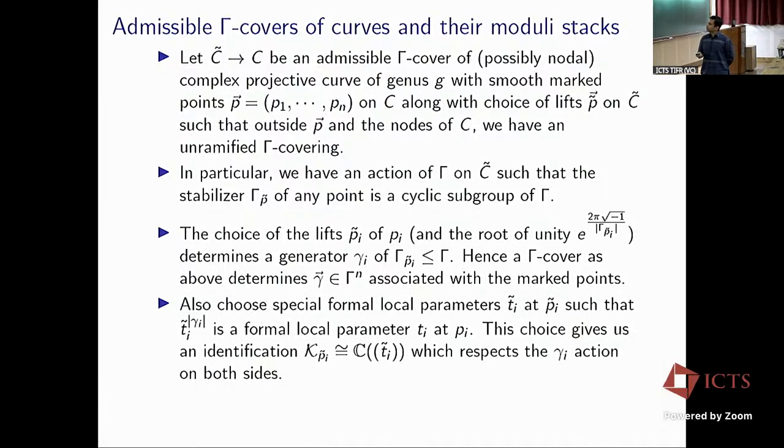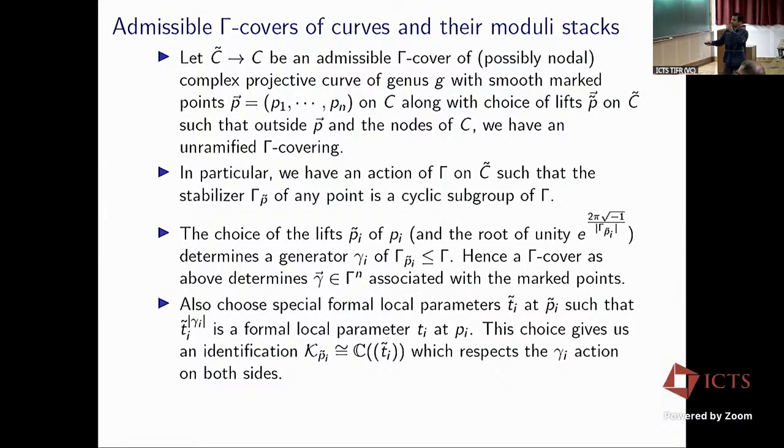Another thing that we need to do: this is the global picture, but to compare things with the local, basically to relate this to twisted affine Kac-Moody algebras, we will need to choose local parameters at the points here, such that the corresponding power is a formal parameter below. These are called special formal parameters on the top curve.